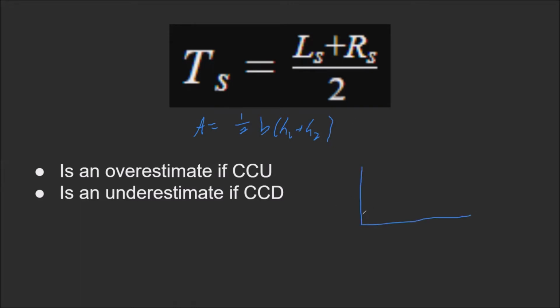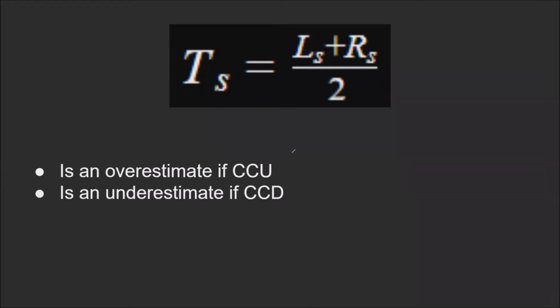So imagine you have a curve like this. You're basically approximating this value plus this value plus this value, etc., depending on how many subintervals you use. And the more subintervals you use, the more precise your answer will be.